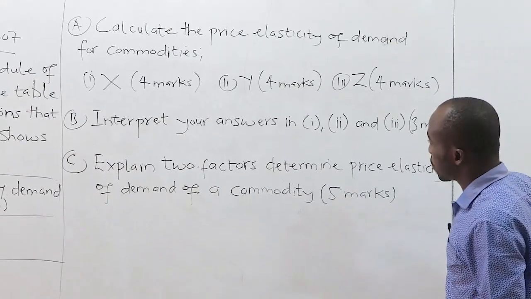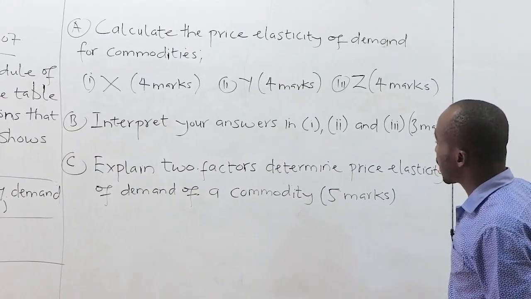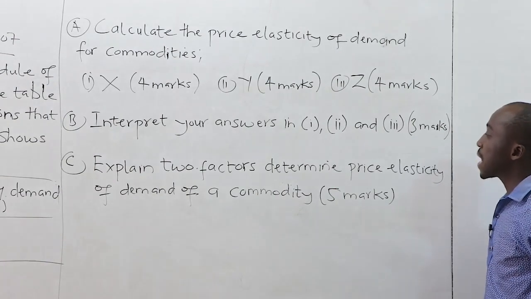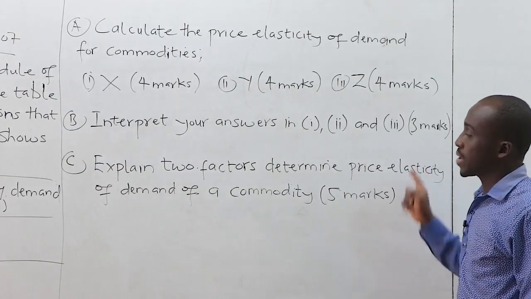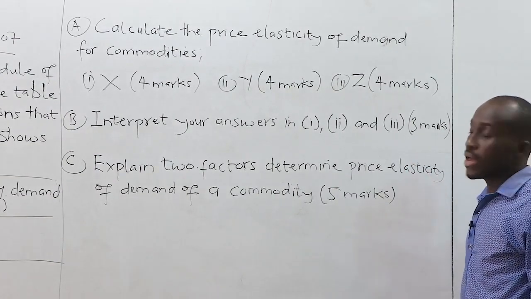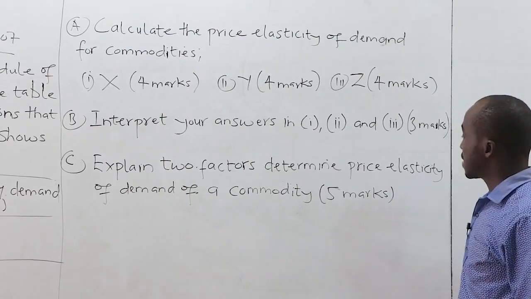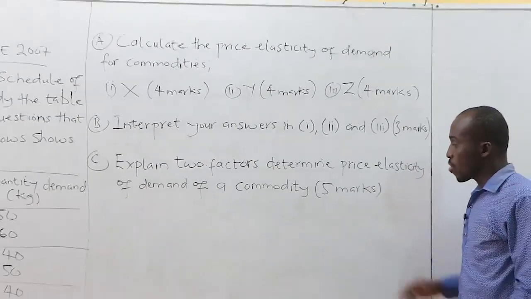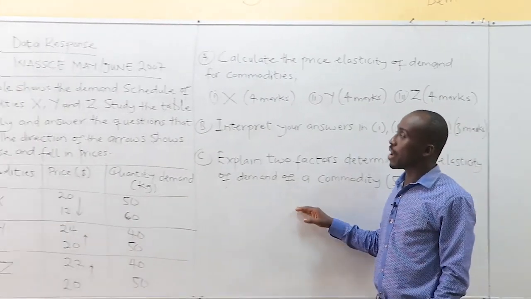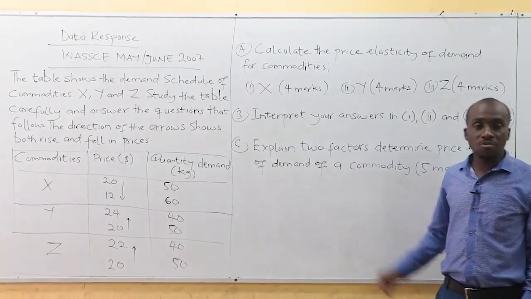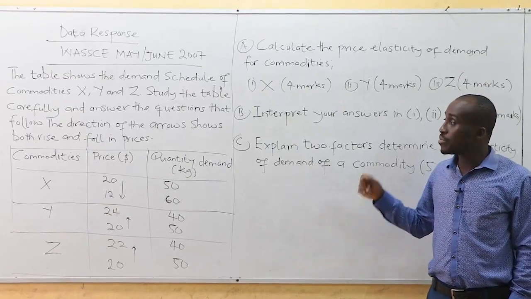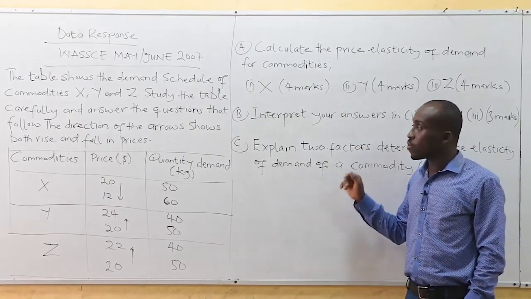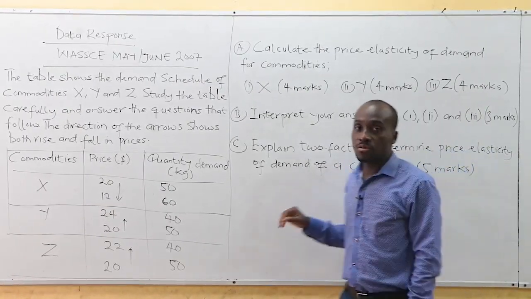B, we are supposed to interpret our answers in I, and I for 1 mark each. C, we are supposed to explain 2 factors that determine price elasticity of demand of a commodity. That's 5 marks. You have 20 marks for you to grab, and you see that it's just for commodity X, Y, and Z, so that you do justice to that.